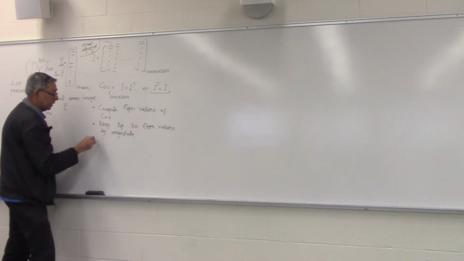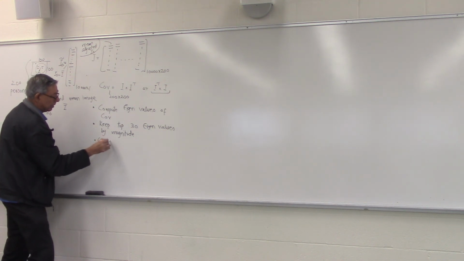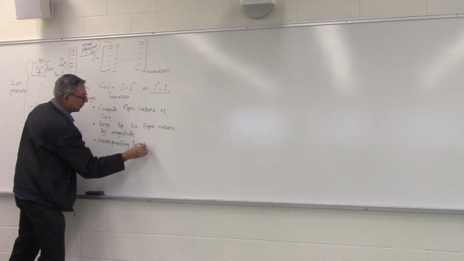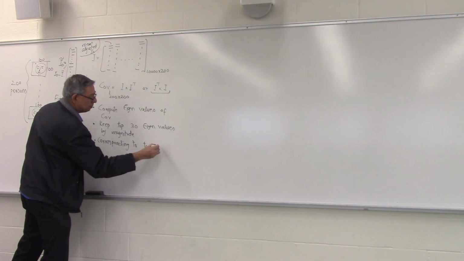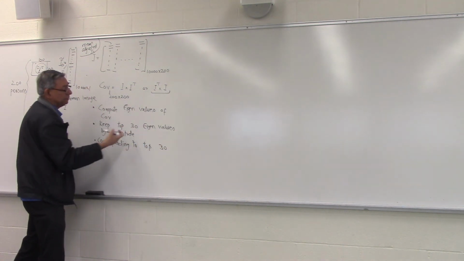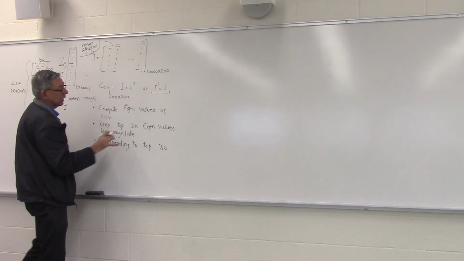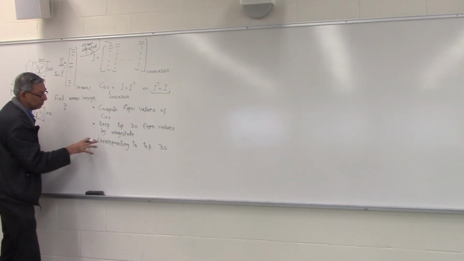Okay, corresponding to these 30 eigenvalues, it could be 50, it doesn't have to be 30, I'm just picking an example so that we can easily see the steps of the algorithm.